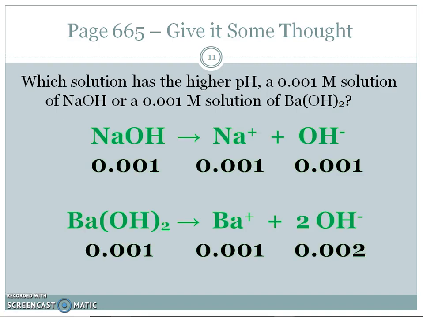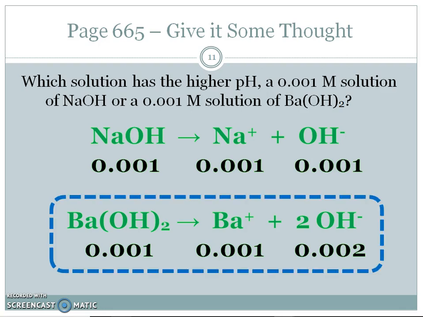So if you look at the balanced equation, they're both strong, so they both go to completion, so the molarity you start with in your base is going to equal the molarity of your ions, as long as they're all coefficients of 1. But if we look down here at barium hydroxide, we have a coefficient of 2 because it breaks up into 2 OH minus ions. So which solution is going to have the higher pH?